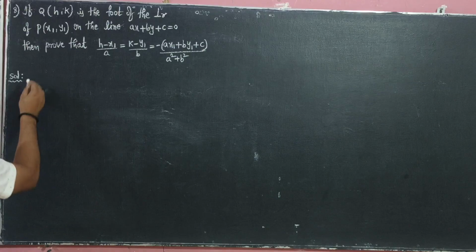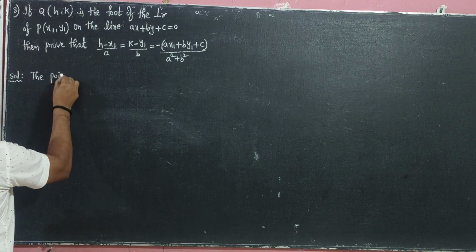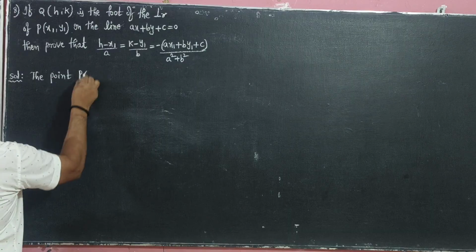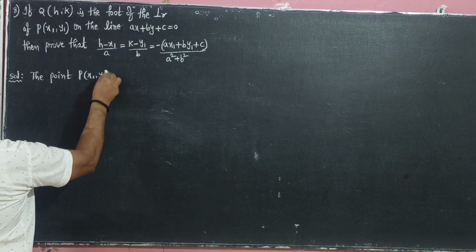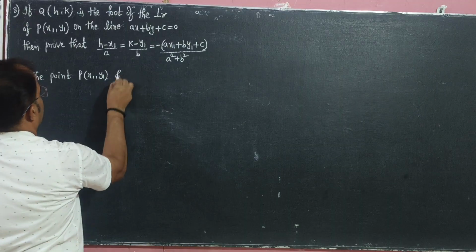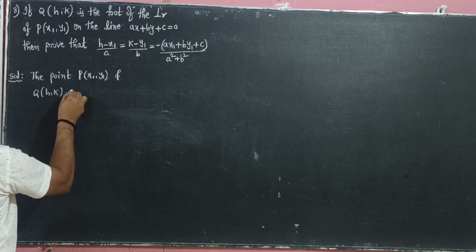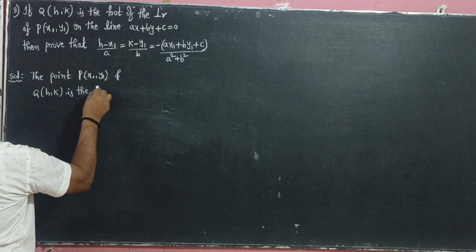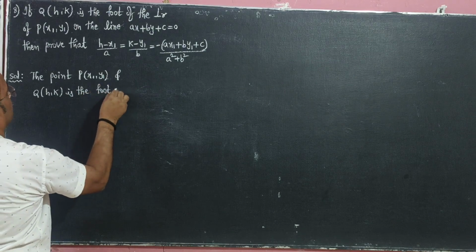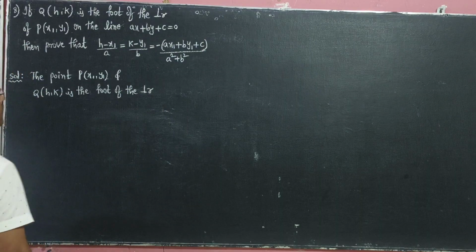Okay, so the point given is the point P(x1, y1), already given in the question. And what else is given? Q(h, k) is the foot of the perpendicular.